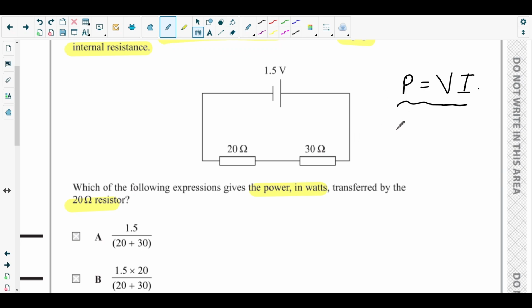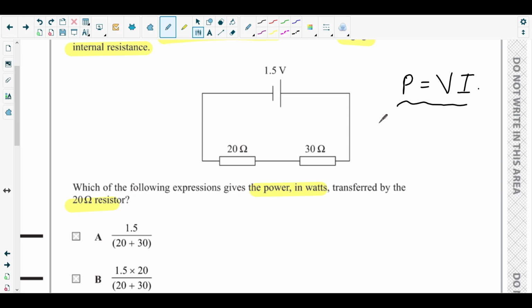For the potential divider circuit, we know that the ratio of PD to resistance will be equal for each of the resistors, right?